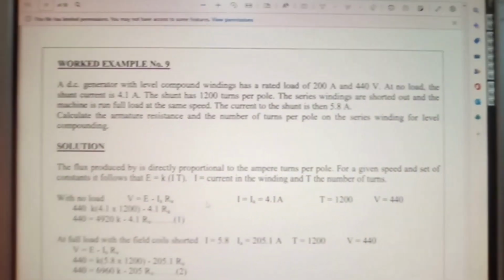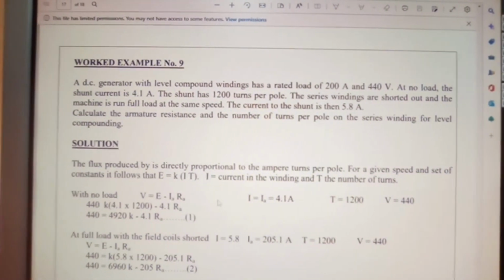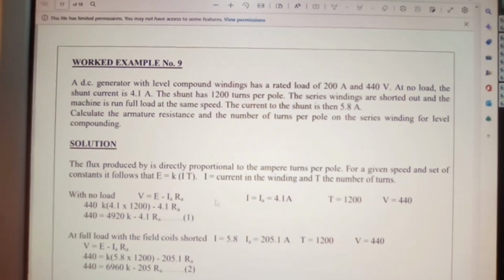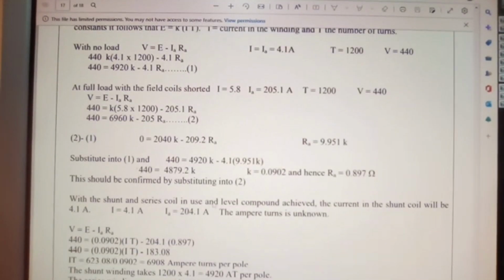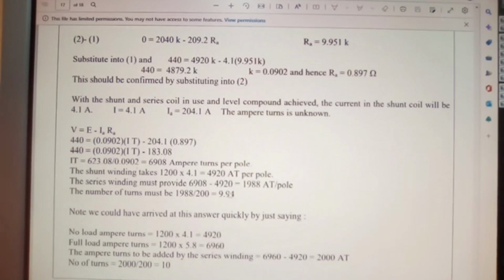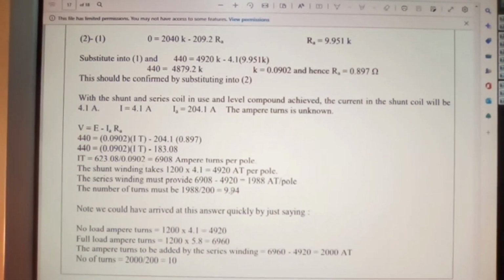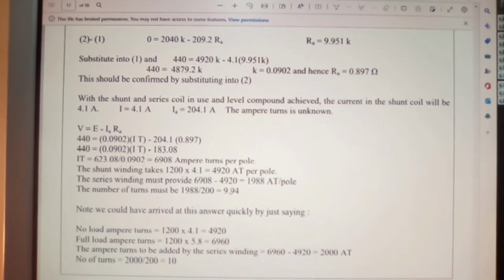And here, ladies and gentlemen, is where you can begin to test yourself. I would strongly suggest that you begin to do that. The more practice you put in, the better you become at this type of calculations.